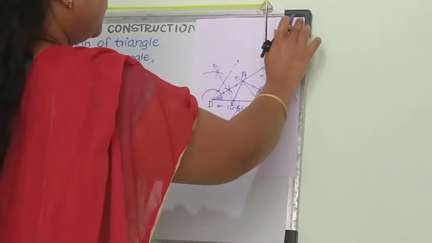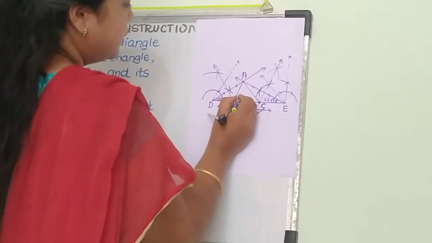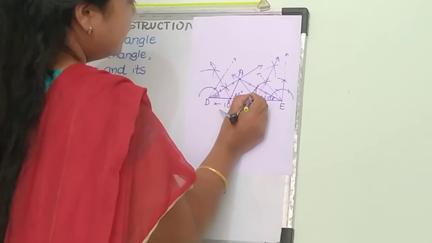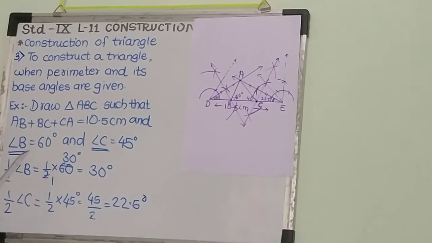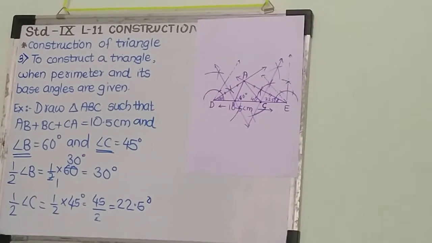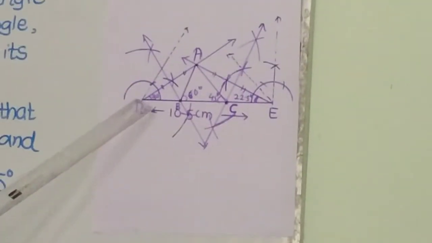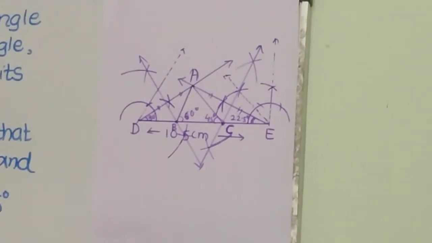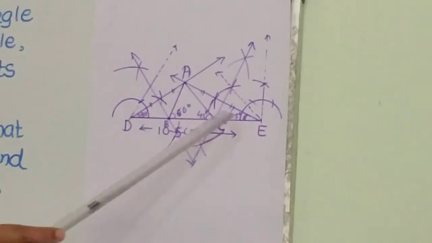So now you are going to construct and I am going to explain. Here angle B equals 60 and angle C equals 45. Students, first you draw DE, which is the length of our perimeter, the sum of the three sides, that is 10.5 centimeter.